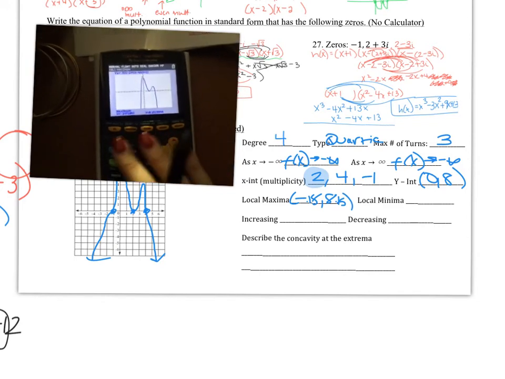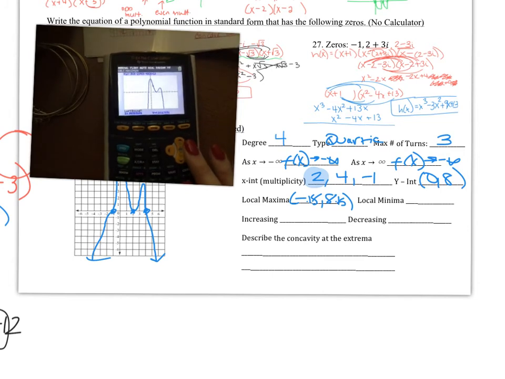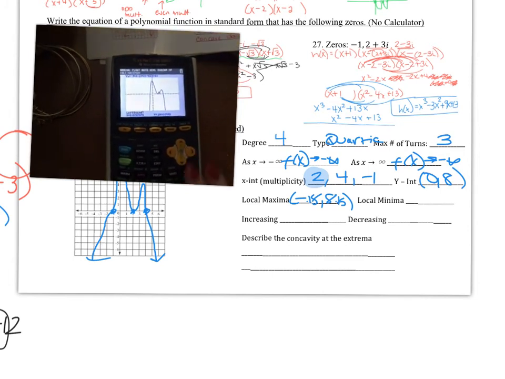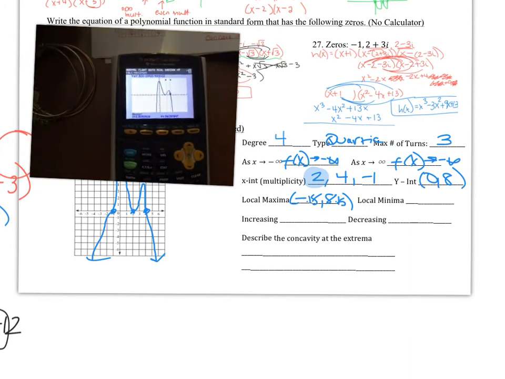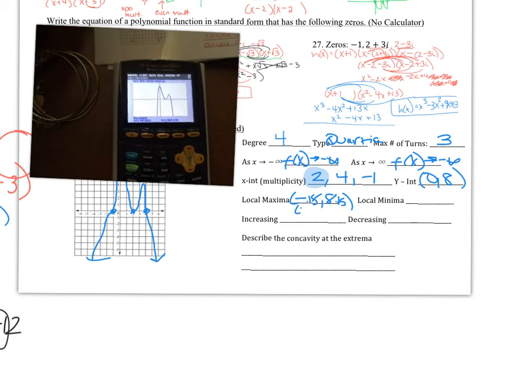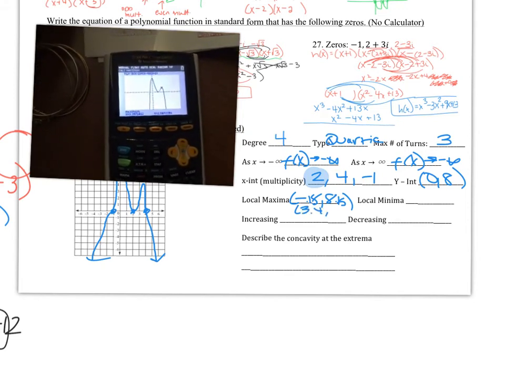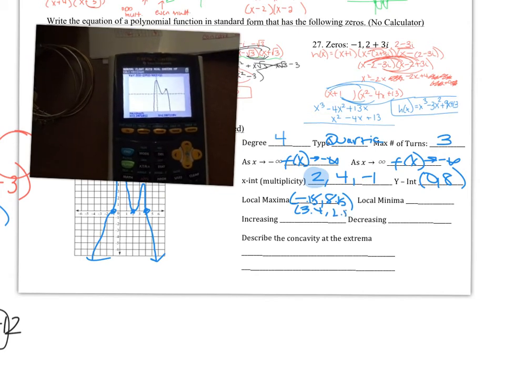And my other maximum, I've got to go to the left, hit enter, go to the right, hit enter, is 3.397, so I'm just going to say 3.4, comma, 2.587, so 2.59.